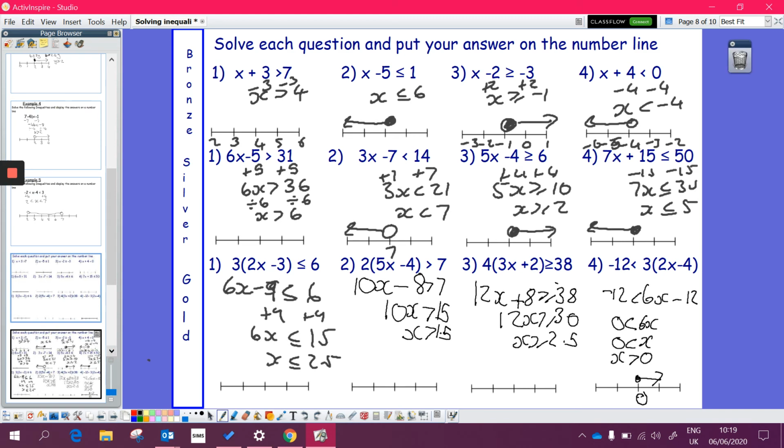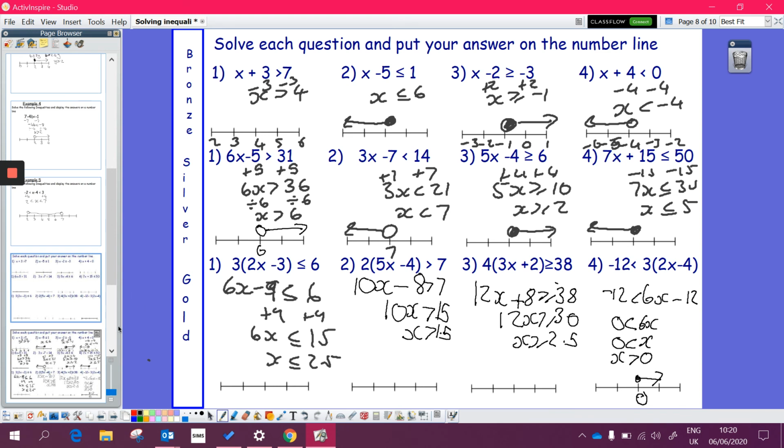There we go, there are your answers. Just on the bottom one, I haven't drawn the arrows, but hopefully, if you've got the first three right, you would have been okay with the rest.